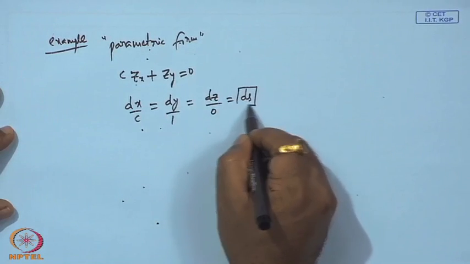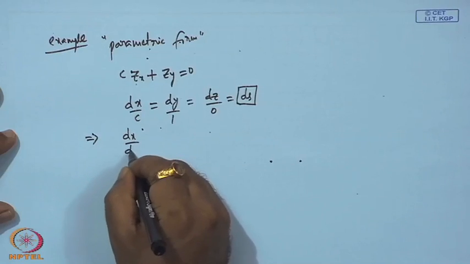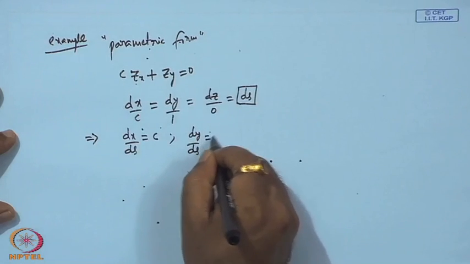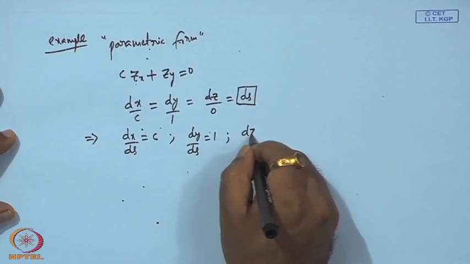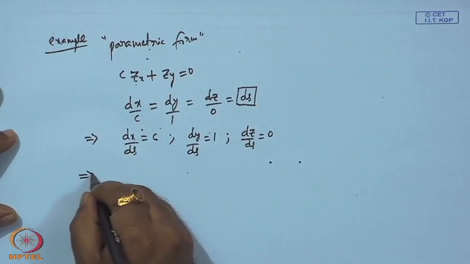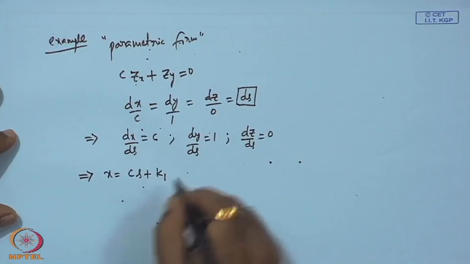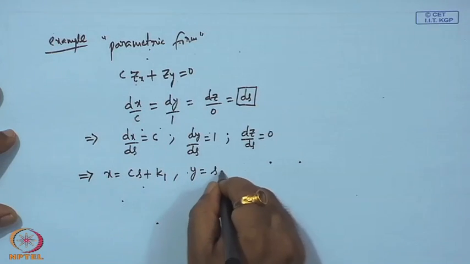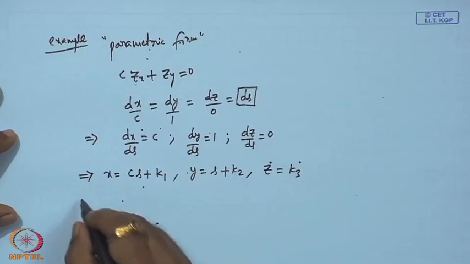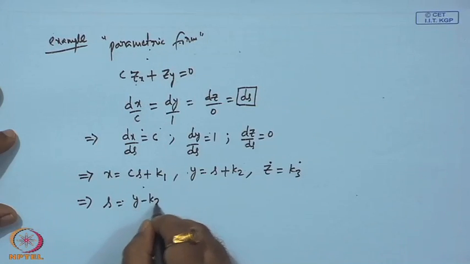Now we are introducing this parameter S. So this implies... so from this S equals to y minus k 2.